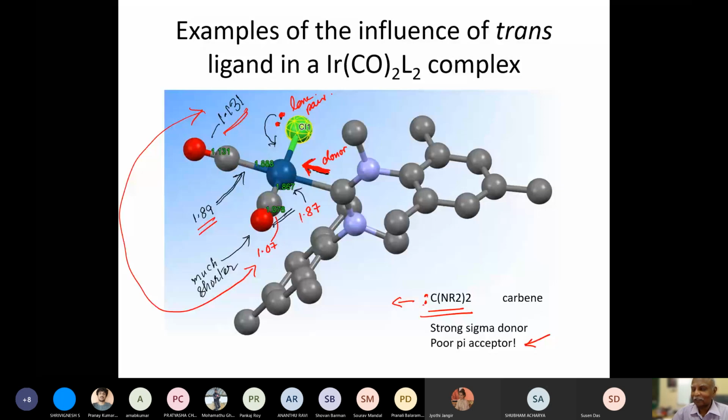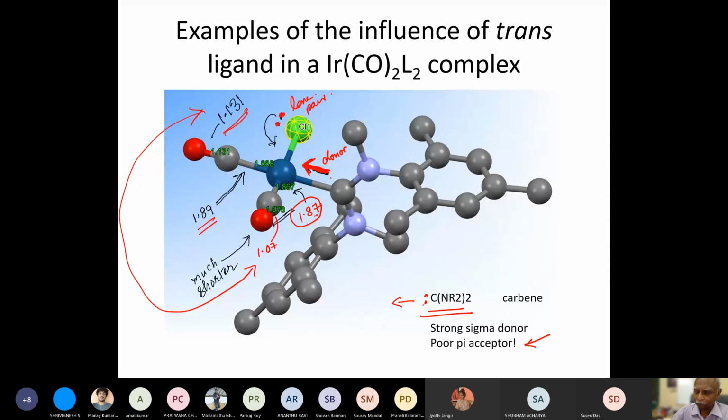In this example, you have multiple effects operating, but what you see is that in the chloride case, you have a shorter MC bond, and as a result, more population on the pi star.